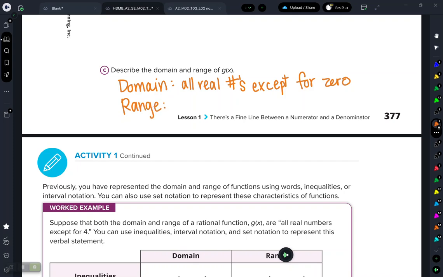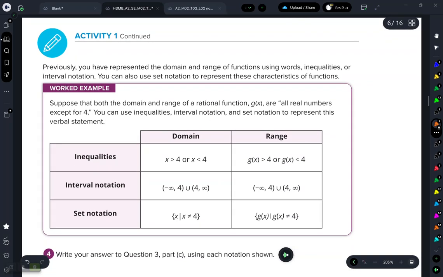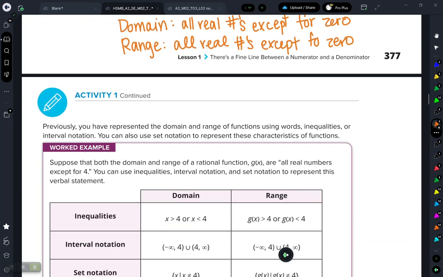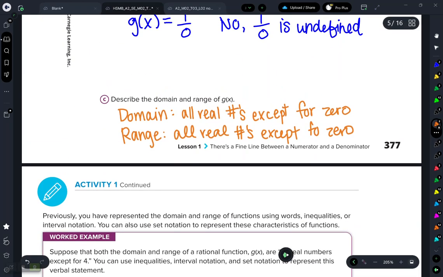And in this case, we can get every single possible number, but we cannot get 0. So it's the same, all real numbers except for 0. So you could write it in words. I just wrote it in words to describe it.